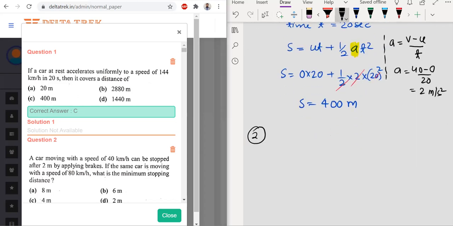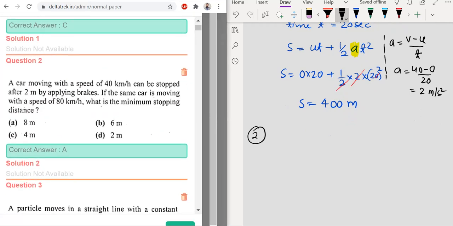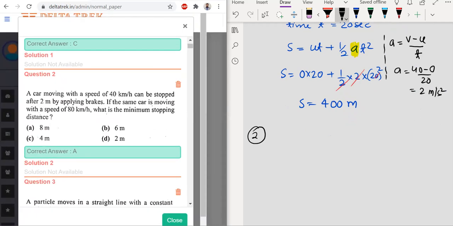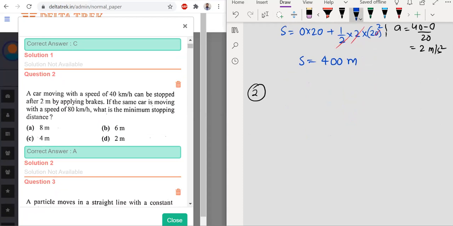Let's read question number 2. A car moving with a speed of 40 can be stopped in 2 meter by applying brakes. So that means it is a special case question, like I solved, where something is asked till it stops. I explained this concept earlier also.